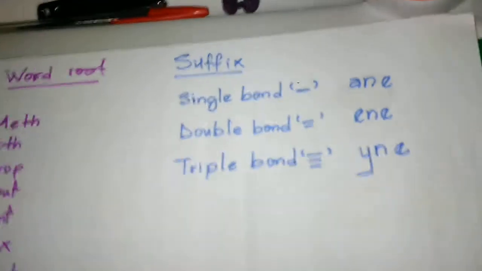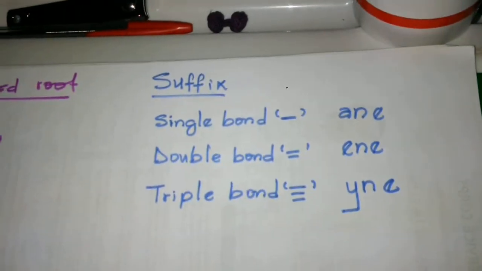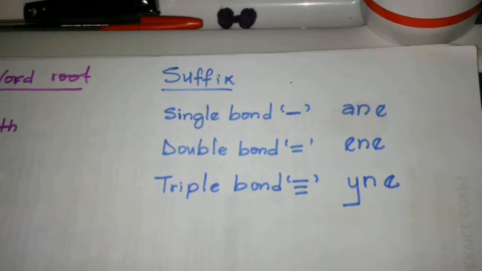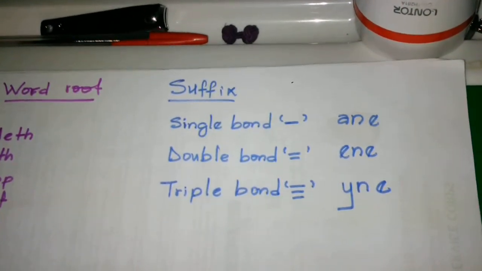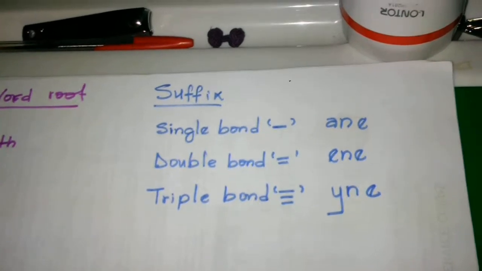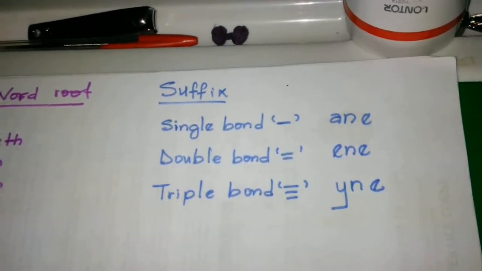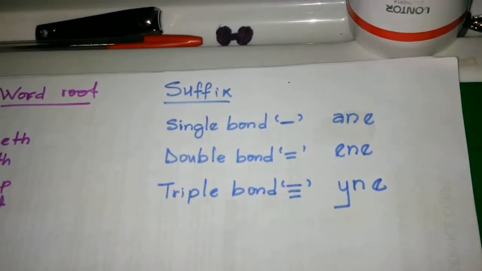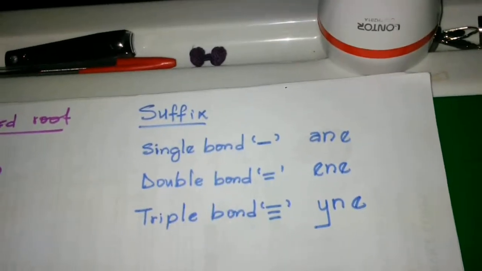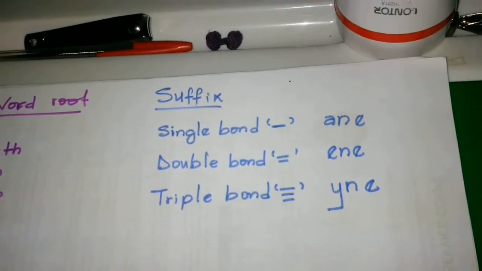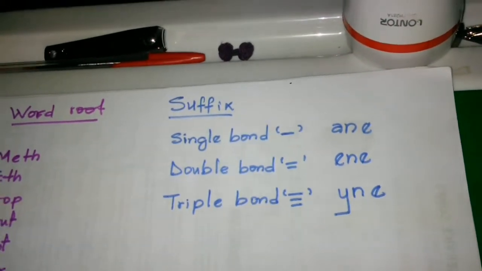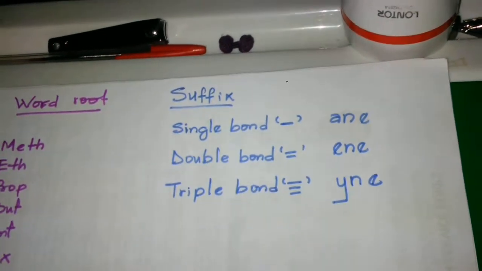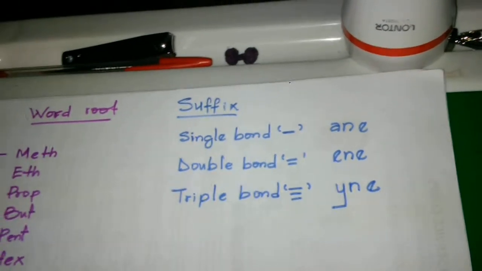Now for the suffix, the suffixes are usually either ane, ene, or yne. If the compound is riddled with single bonds alone, then the suffix will be ane, just as we had in the example that we showed earlier.